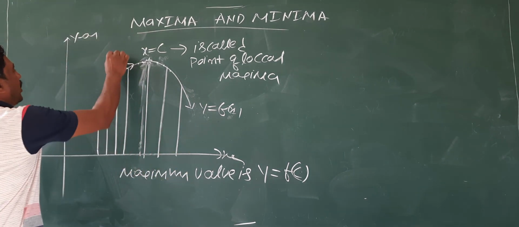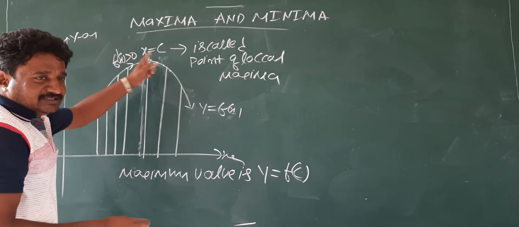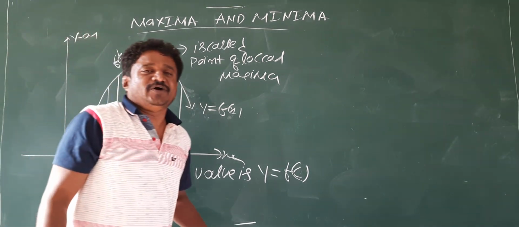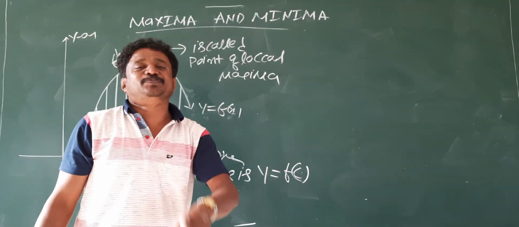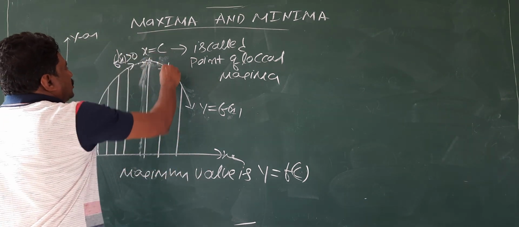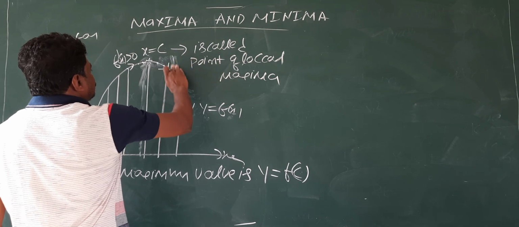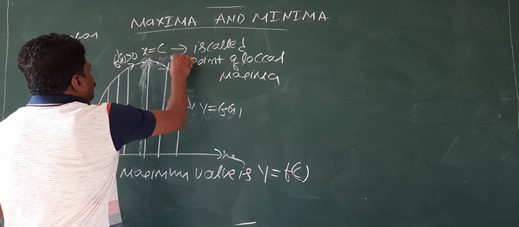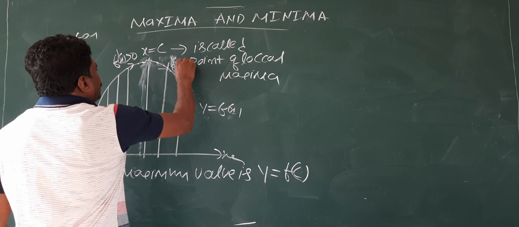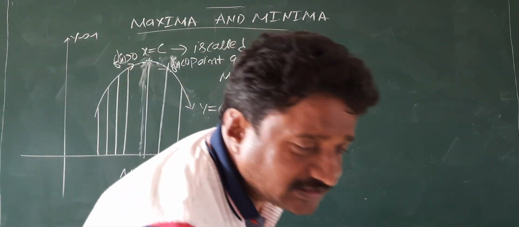So it should be positive. f'(x) is greater than 0 because it is increasing. What is the condition for increasing? f'(x) is positive. Here it is decreasing. What is the condition for decreasing? f'(x) is negative. So f'(x) is negative.